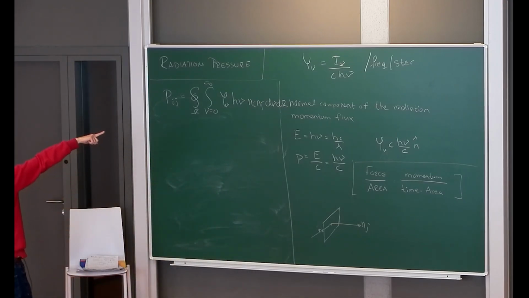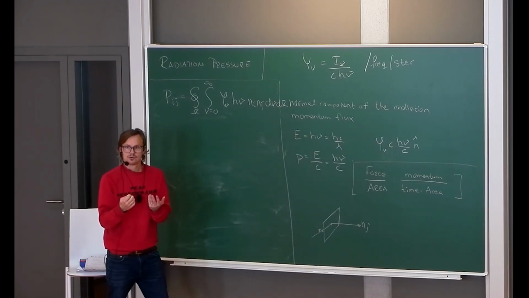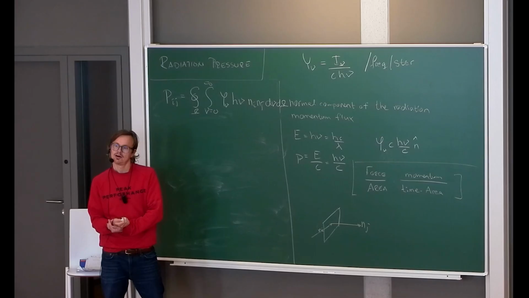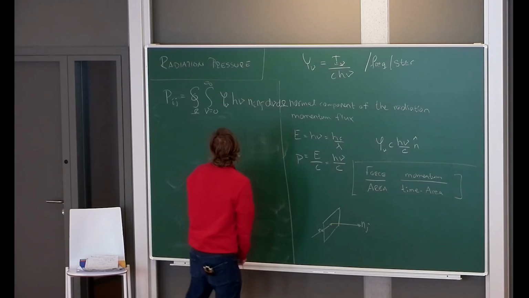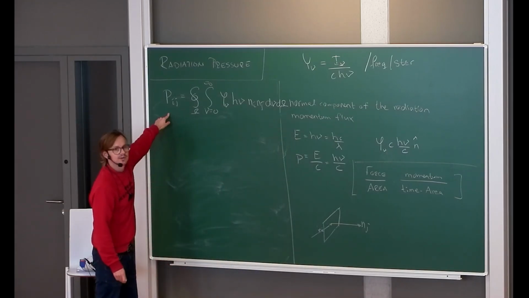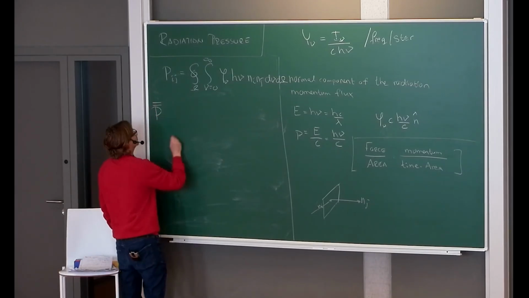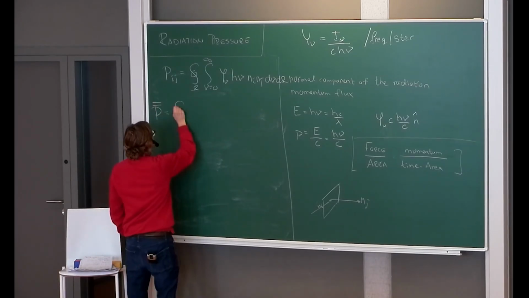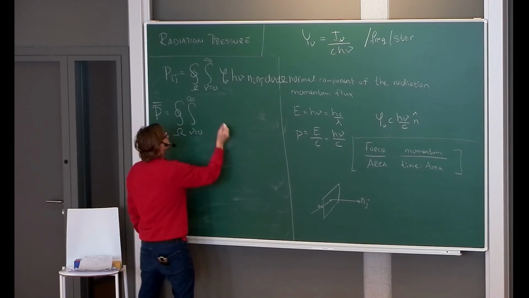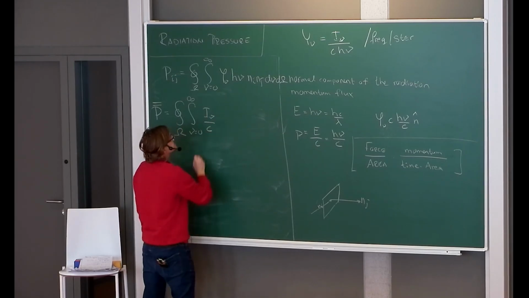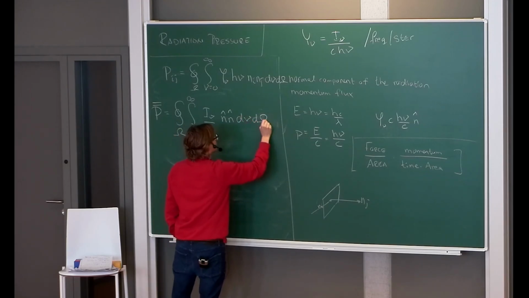whereby we can use that definition up here in order to realize how to put this in our basic quantity of the specific intensity. And we can also realize here that we can actually put this already now in so-called dyadic notation, like this. So this would be the radiation pressure tensor: the integral of I nu divided by c, n hat n hat, d nu d omega.